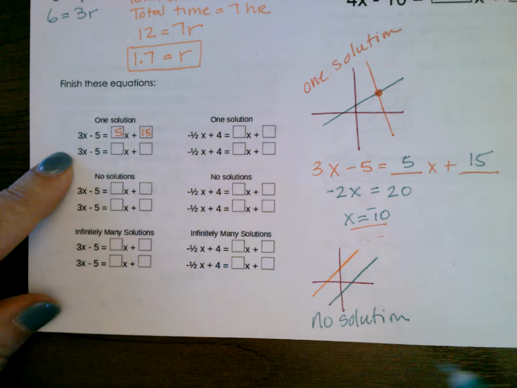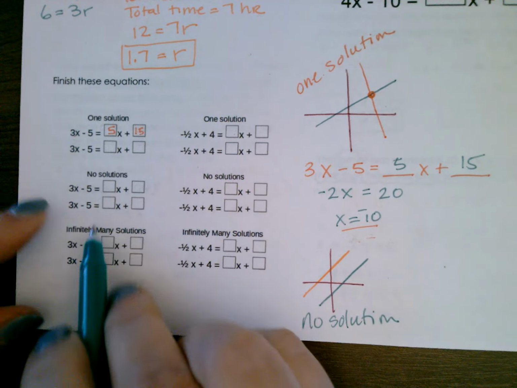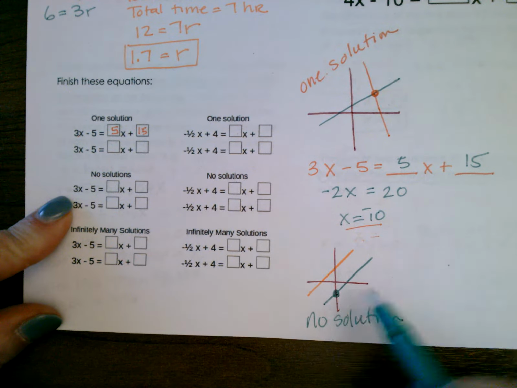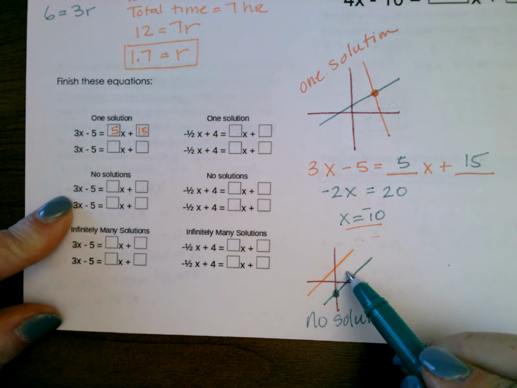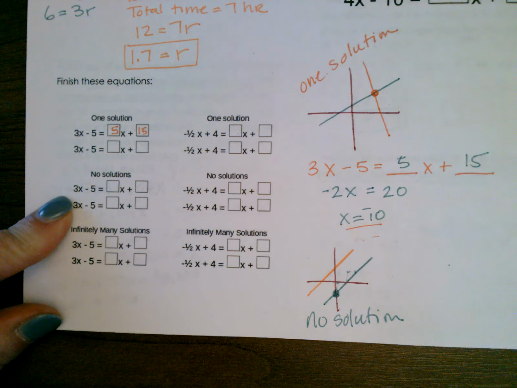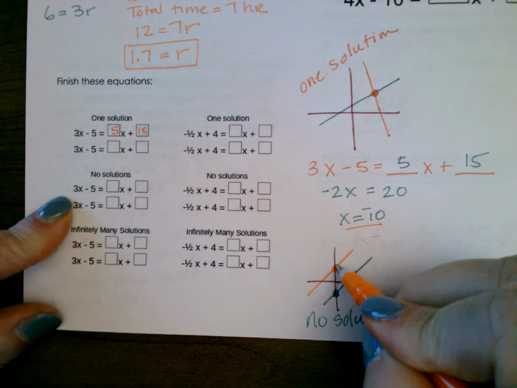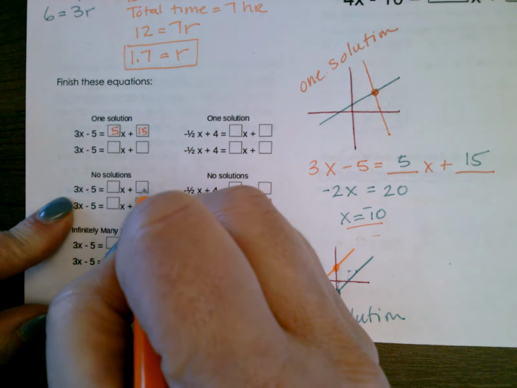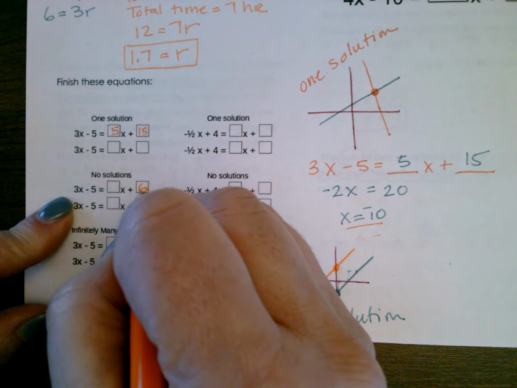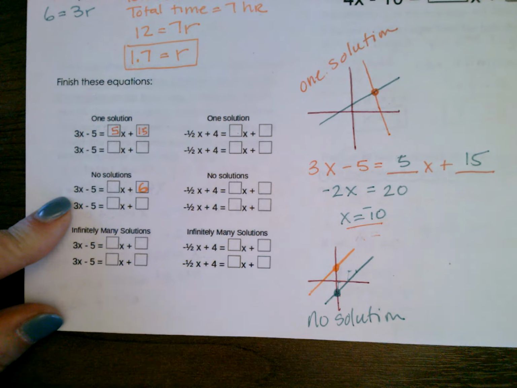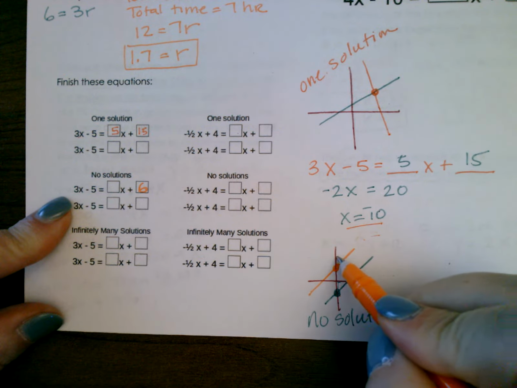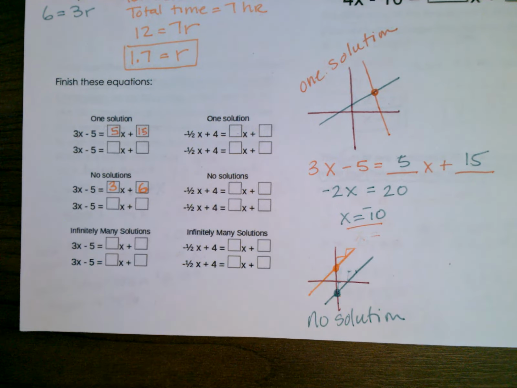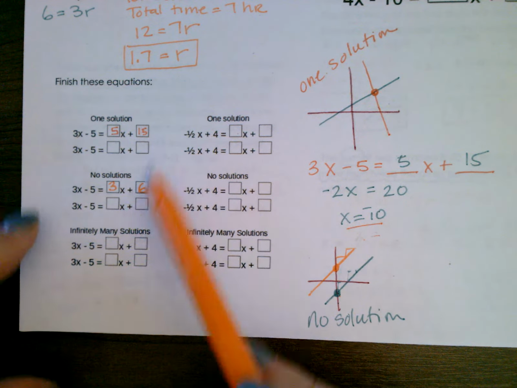So if this first equation here, if I was going to pretend, right here, that this was negative 5, up 1, right 3, up 1, right 3, what I know for this, I would need a different y-intercept, a different starting point. So I'm going to pick 6. No particular reason. I made the number up. But I also know for them to never cross, the slope needs to remain the same.